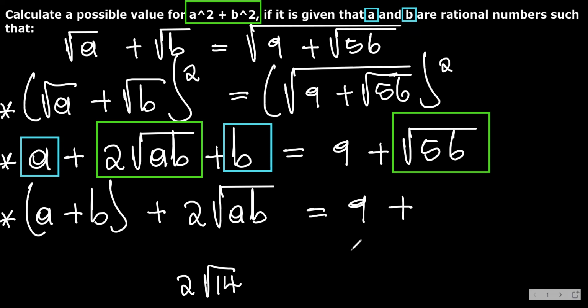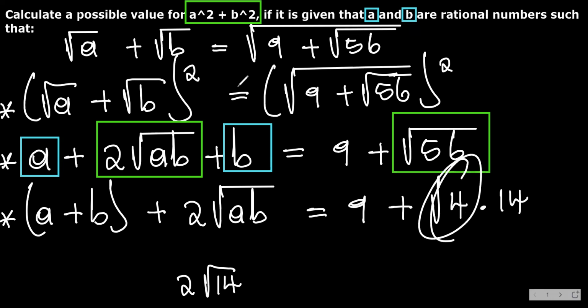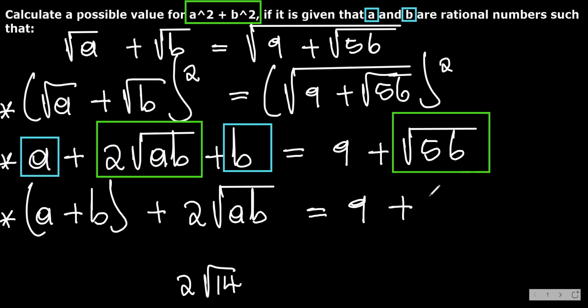In other words, we had to write it as 4 times 14, and then when we took the square root of 4, we got a 2. So we don't need to show that it was square root of 4 times 14. We can just say 2 square root 14 here.